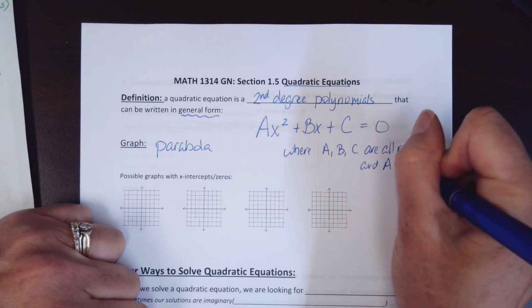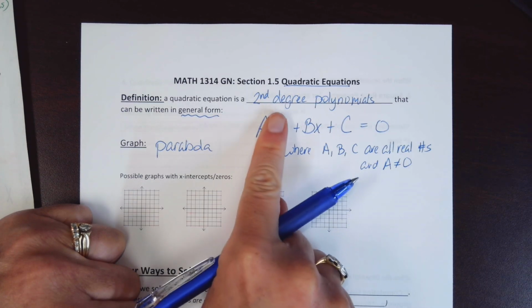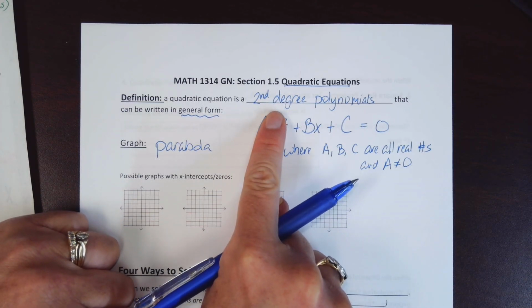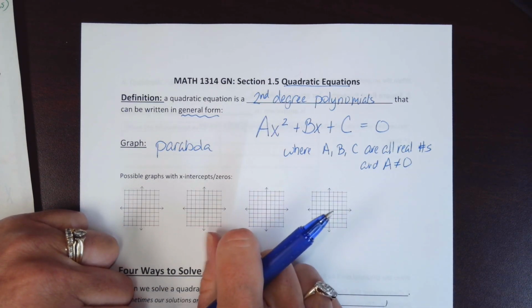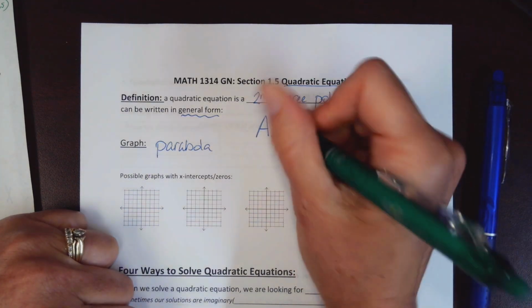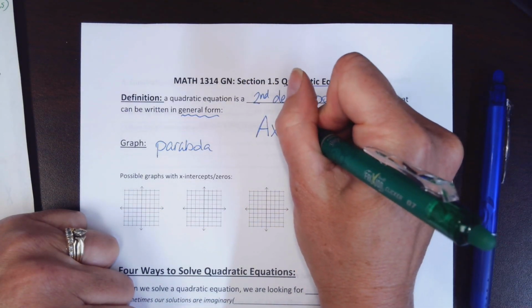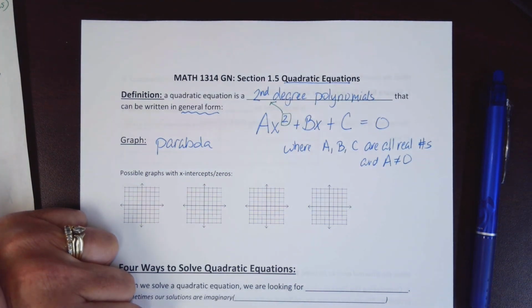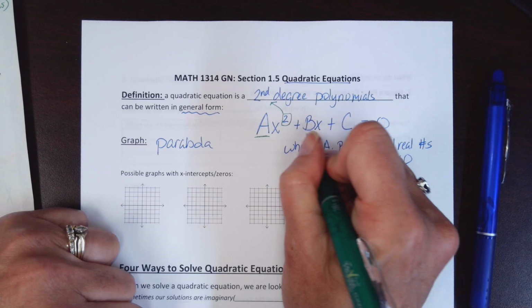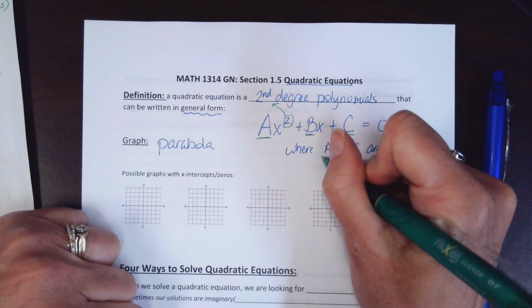And a is not 0, because if a were 0, that would make our squared term go away and it would no longer be second degree. The second degree is determined by this being the largest exponent on a variable. So x is my variable, a, b, and c represent values.